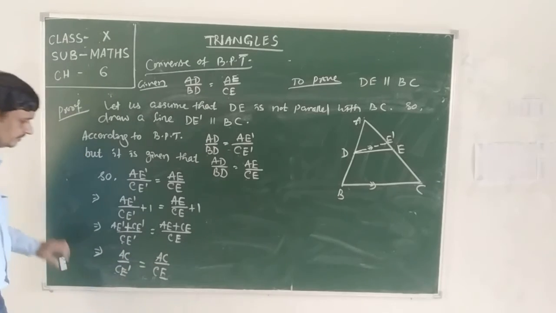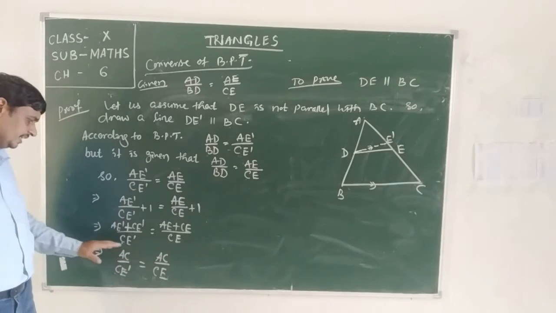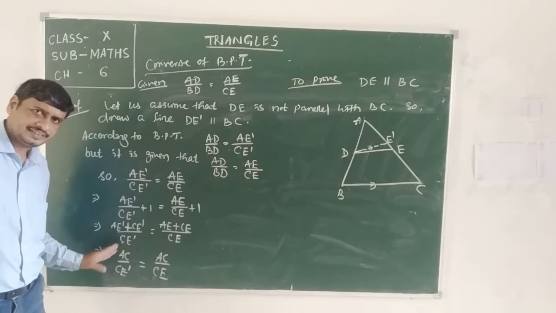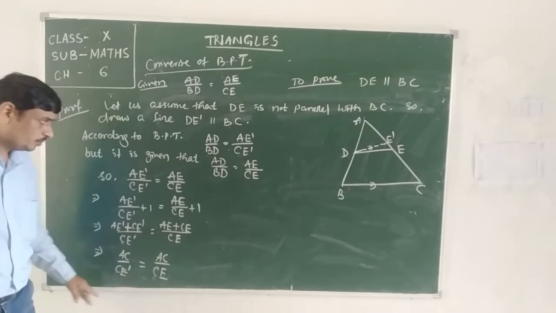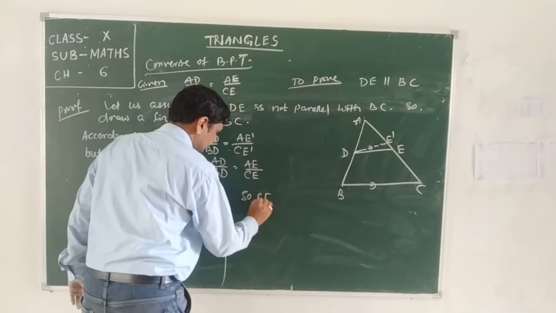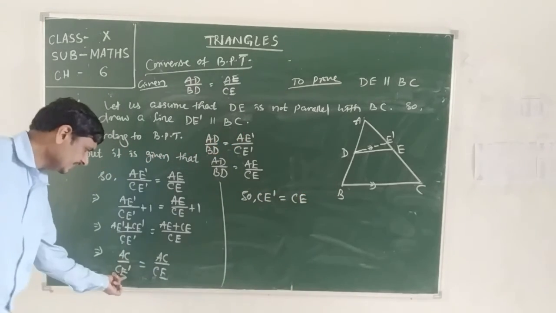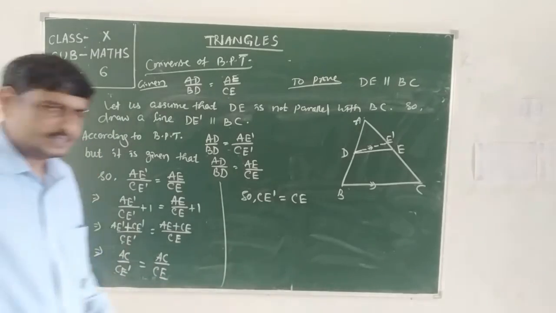That means in both ratios the numerators are the same, which gives that the denominators are also equal. So CE dash is equal with CE. CE dash and CE both are equal.